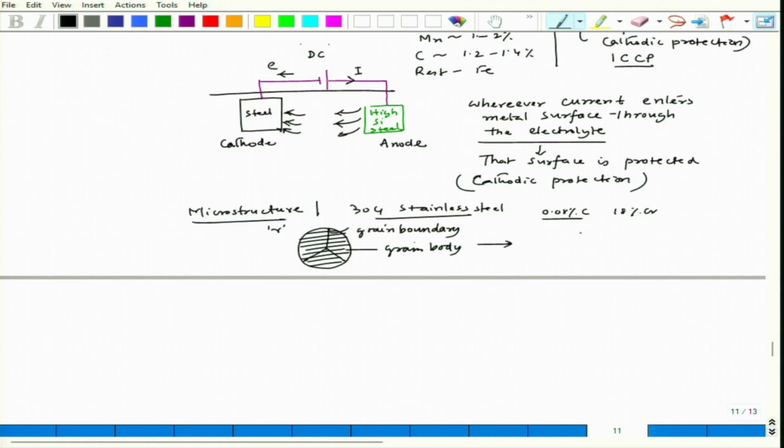Okay. So, now this structure changes if we slowly cool after you weld it. So, the same particular microstructure will change, and chromium carbide will form along the grain boundary.